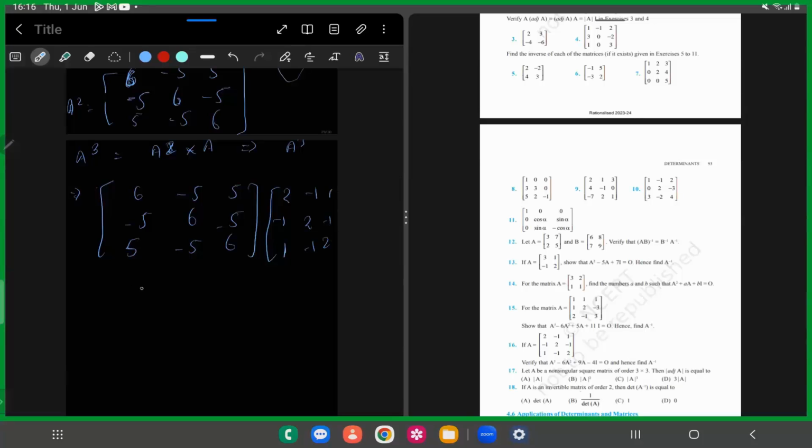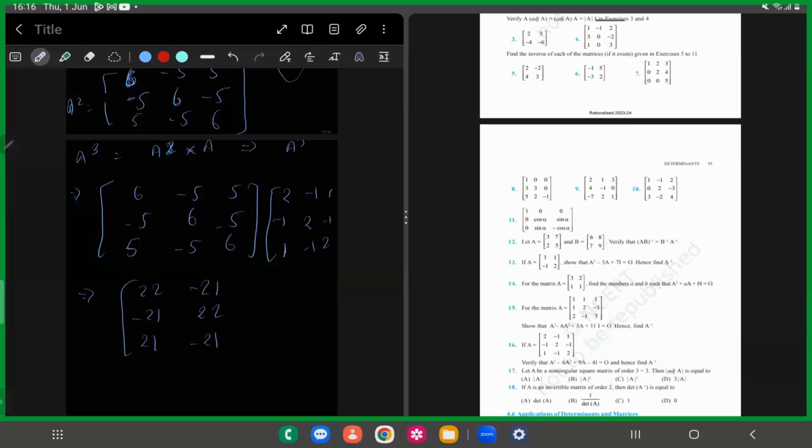Okay. So if we quickly multiply these two matrices, we get 6 into 2 is 12 plus 5 plus 5, so this is 22, and this is minus 21. This should be minus 21. This is 22. This is minus 21.